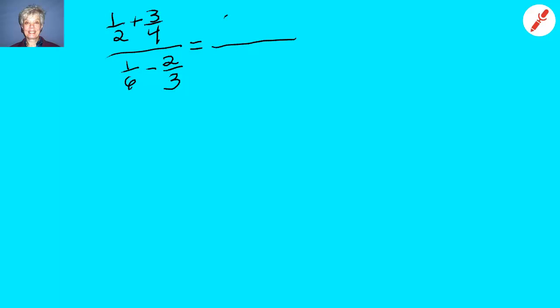We're going to do this in two ways. The first method we're going to use is where we get a separate common denominator for the numerator and for the denominator. That is, for the fractions in the numerator and the fractions in the denominator.